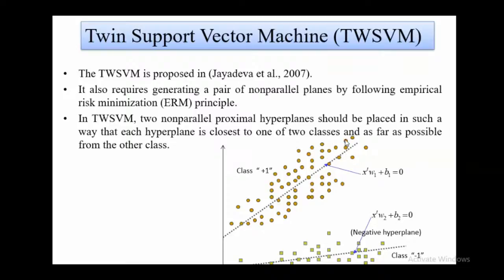It may not fit all the data points, but we want to fit as many as possible. So whatever the sum of distances is, we minimize that sum, or you can say minimize the error.